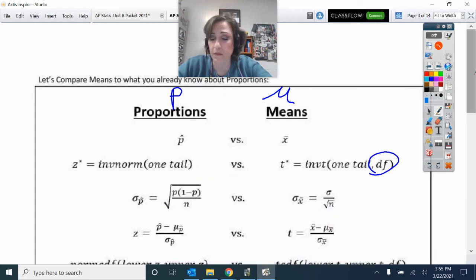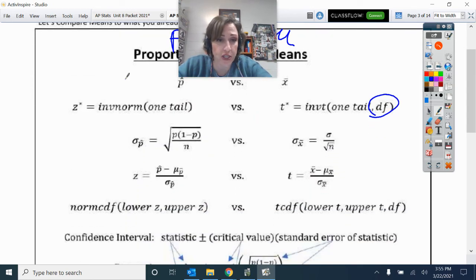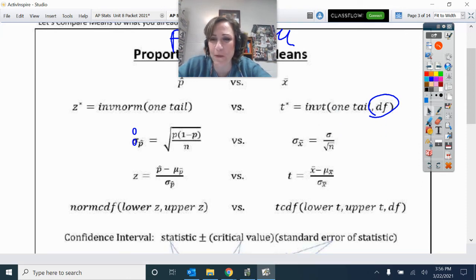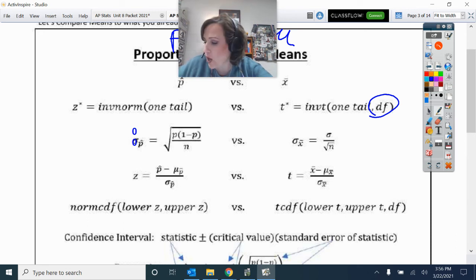Okay. And so then, of course, our standard deviations here. Now, I have this written with sigma, but we really do need to think in terms of if we were doing this with a sample standard deviation. There's my keypad.